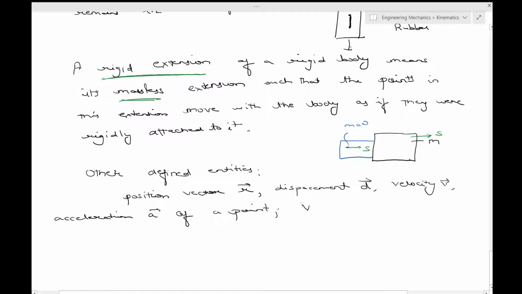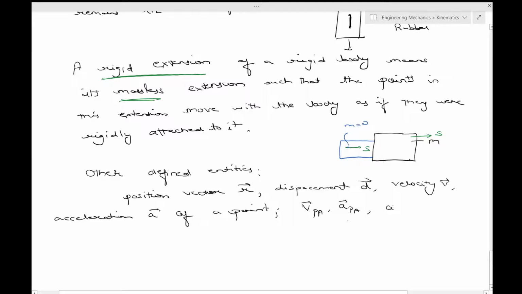So V P A, this is the velocity of p with respect to a, this is the acceleration of p with respect to a.